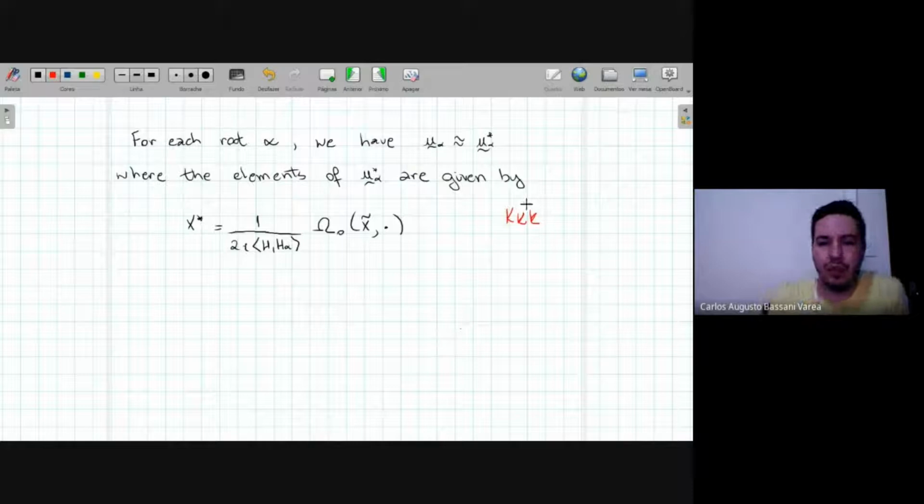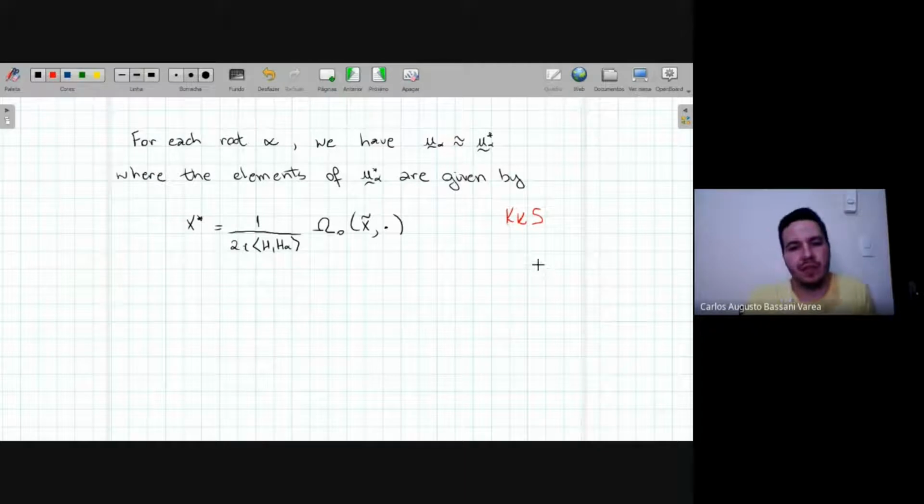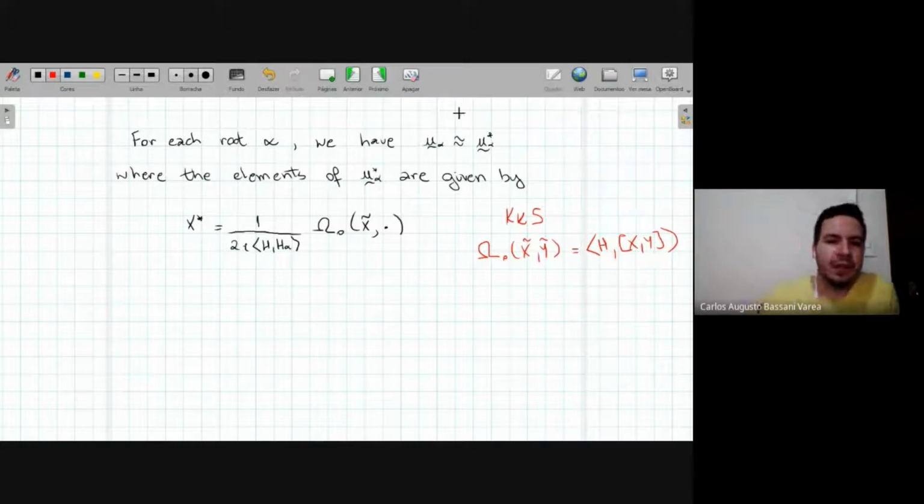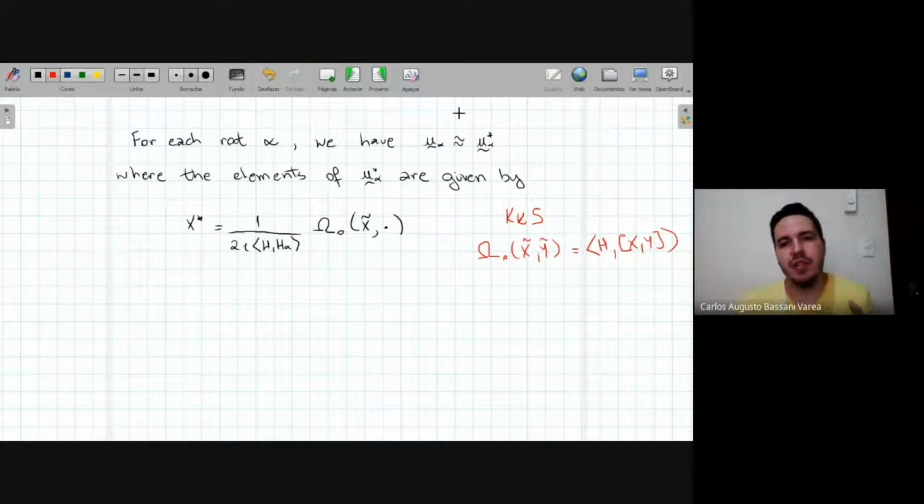When we restrict the KKS symplectic form at the origin, the expression for the symplectic form is just the Killing form of the bracket of x and y, where this tilde represents the fundamental vector field associated to x. Okay?